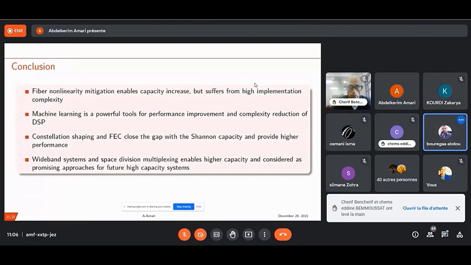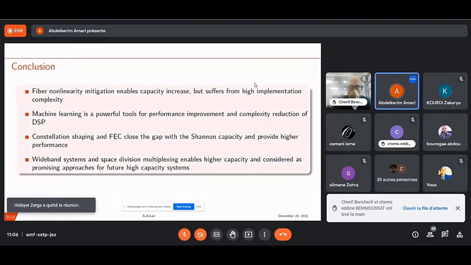Okay. So for access systems, I guess you are talking about passive optical networks in this case.